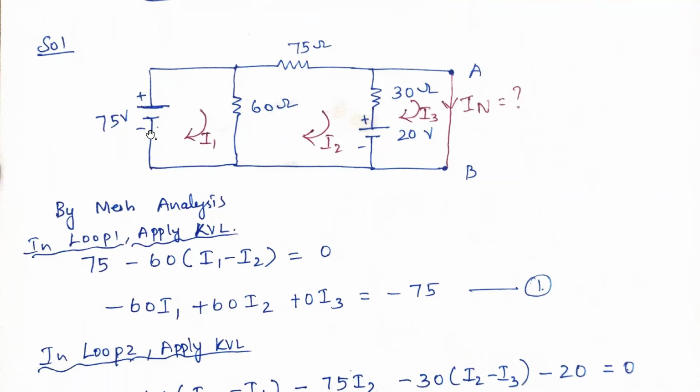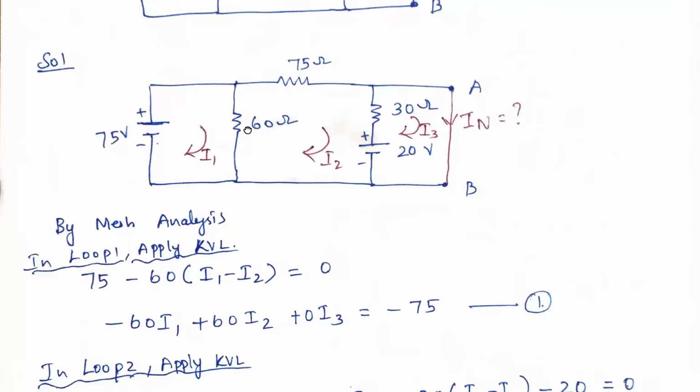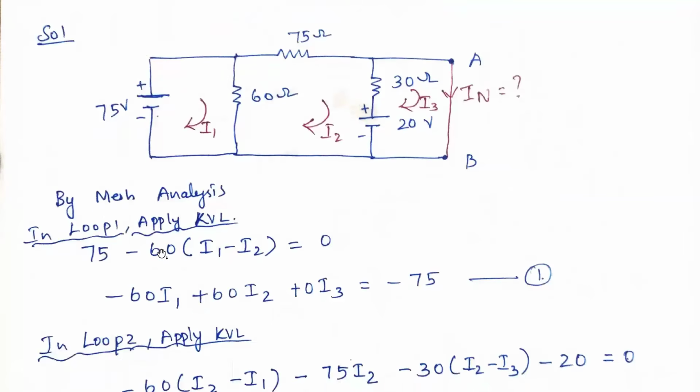That means minus to plus is a rise, and a rise is positive. So 75 minus 60 into (I1 minus I2) is equal to 0. Simplifying further, we get minus 60 I1 plus 60 I2 plus 0 I3, where I3 is 0, equal to minus 75. Take this as equation number 1.